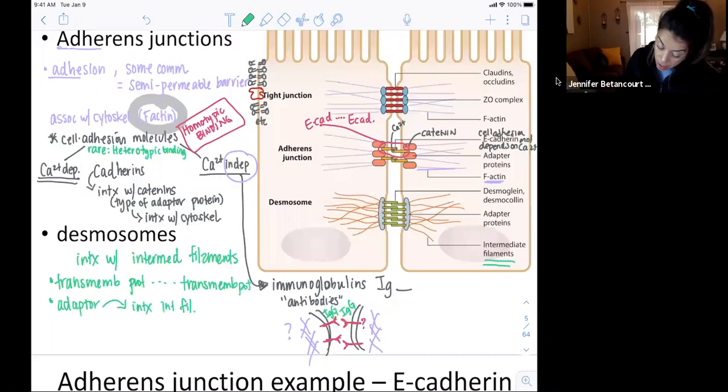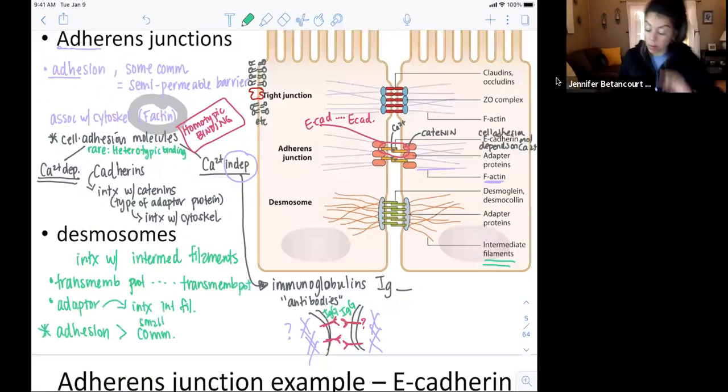But they're still the same, mostly for adhesion, mostly. And then there's some small level of communication, which makes them a semi-permeable barrier. Not a semi-permeable membrane, a semi-permeable barrier that is in the membrane.